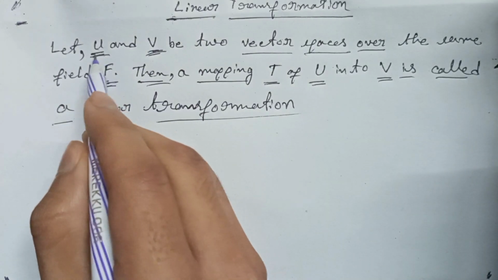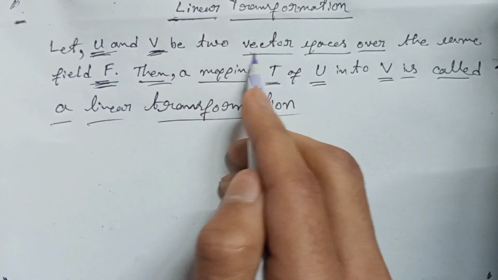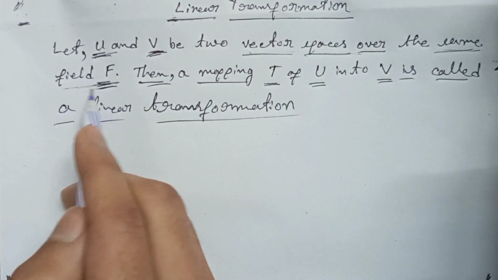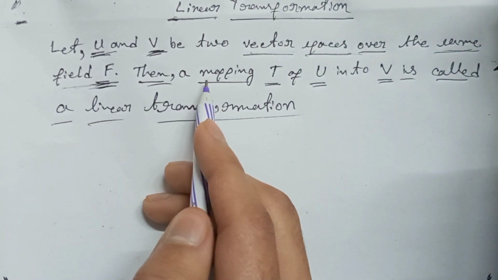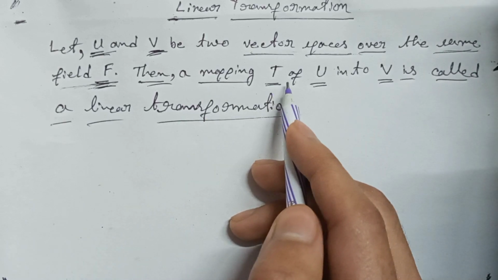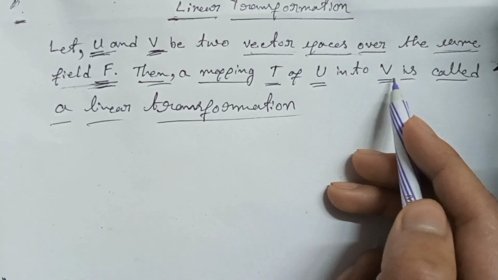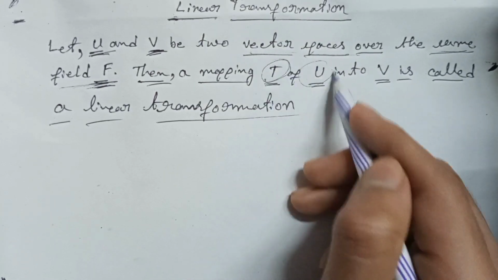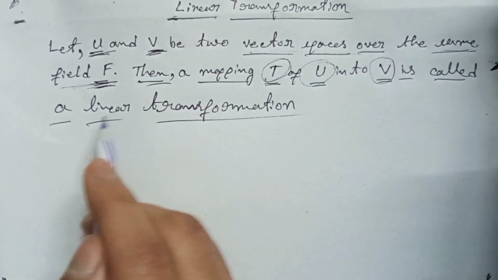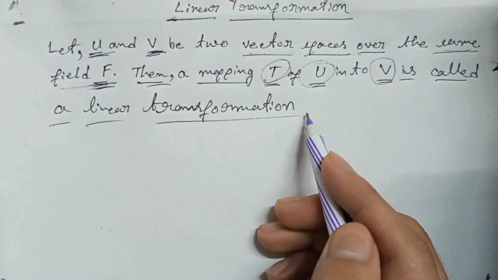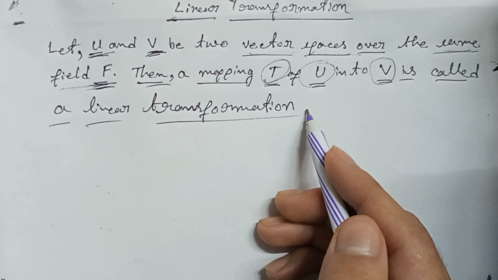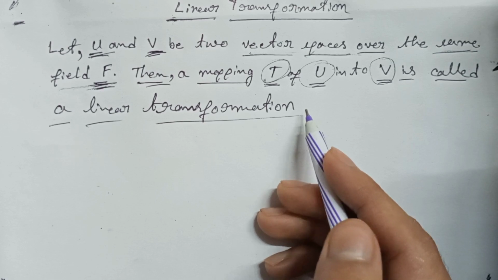So we have assumed U and V two vector spaces over the same field F, and now we are saying that a mapping T of U into V is a linear transformation. But when will it be a linear transformation?